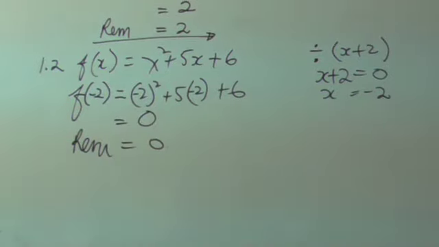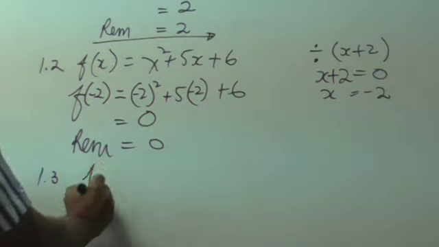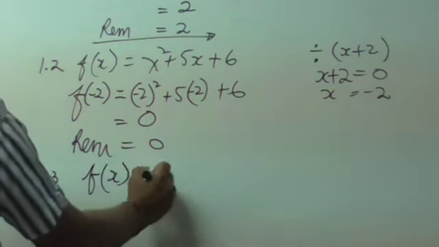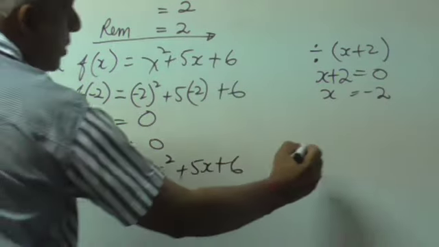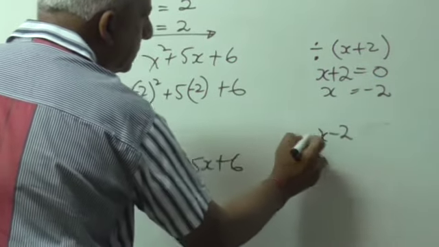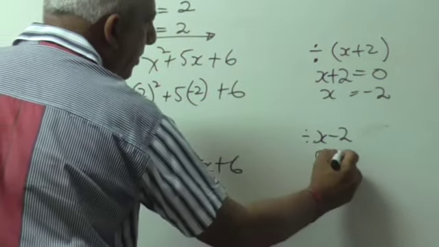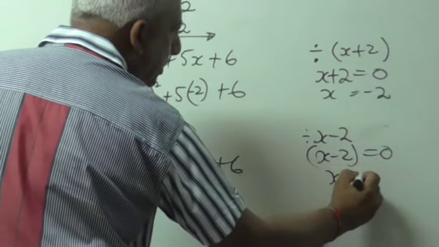In 1.3, we are dividing by x minus 2. So f of x is equal to x squared plus 5x plus 6. You are dividing by x minus 2. Therefore, you will have to make x minus 2 equal to 0. x will equal 2.